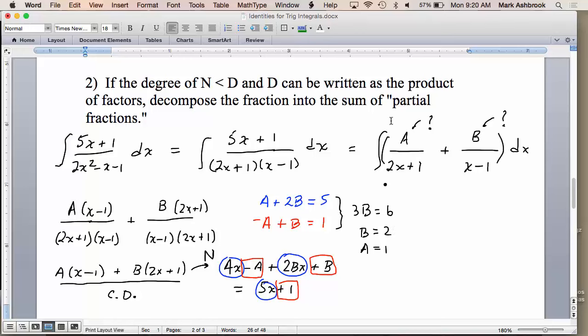Well, that gives us an integral equivalent to the original integral. So the original integral is equal to 1 over 2x plus 1 plus 2 over x minus 1.